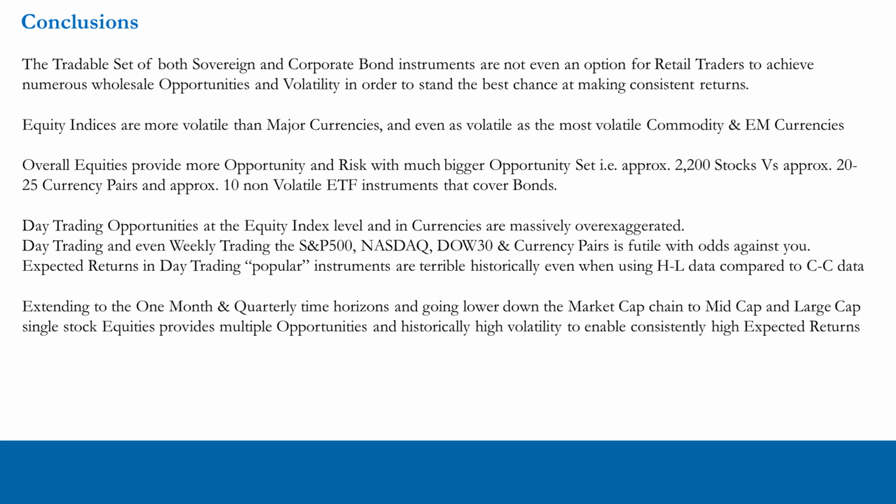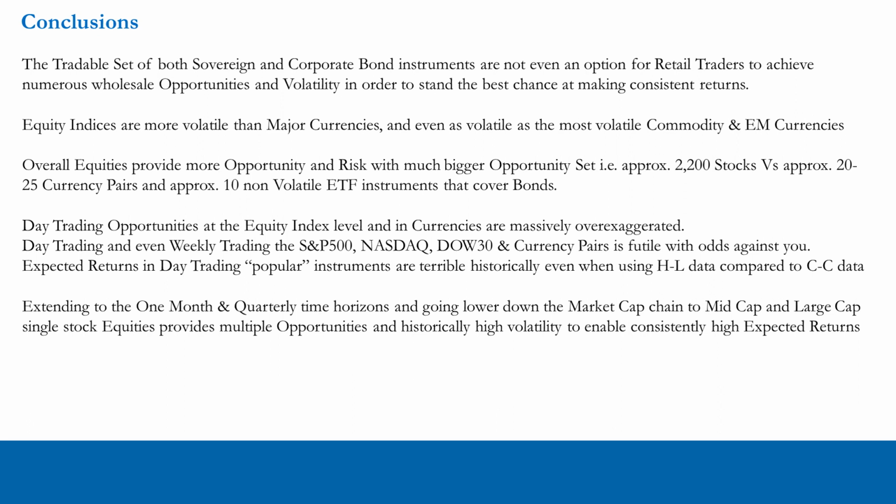Clearly, equity indices are more volatile than both bonds and currencies. And even as volatile as the most volatile commodity and EM currencies. Overall, equities provide clearly more opportunity and risk with a much bigger opportunity set. So we're looking at above 2,200 stocks versus currency pairs 20 to 25 and approximately 10 non-volatile ETF instruments that cover bonds.